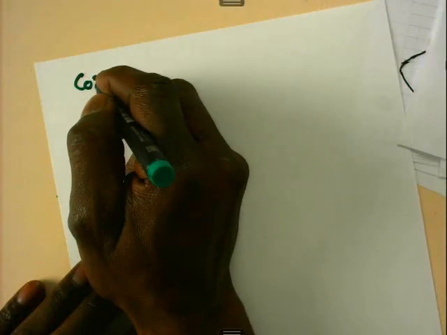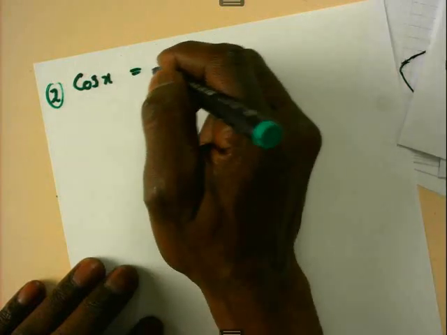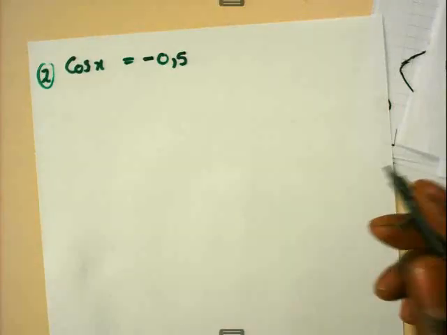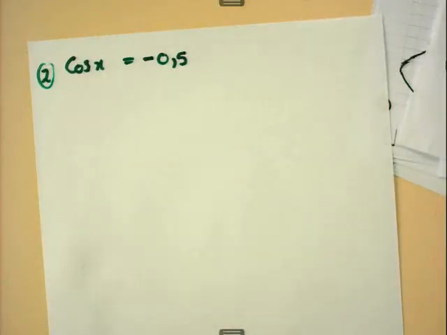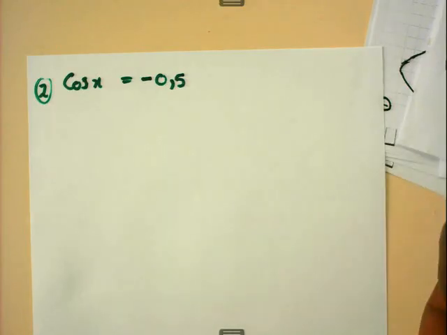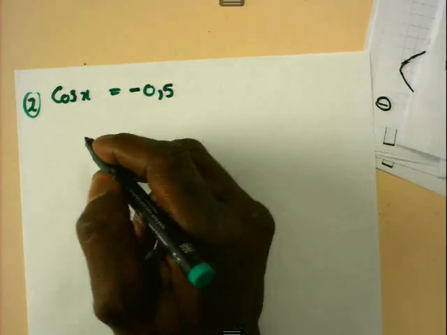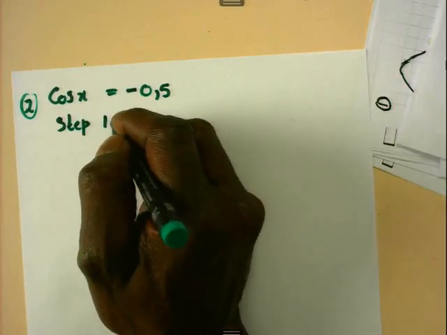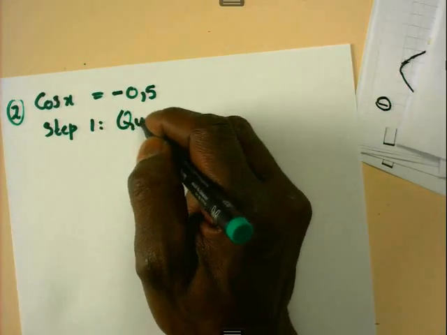negative 0,5. Now, how do we deal with this? We follow the same steps that we have followed before, and step 1, we said we identify the quadrant.